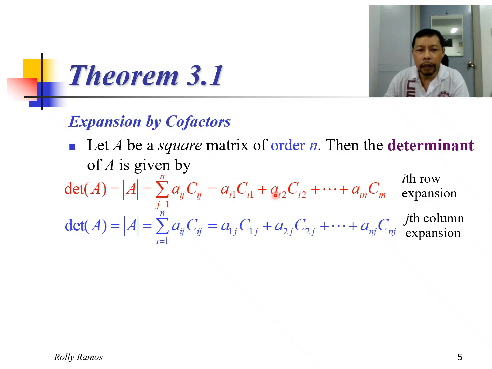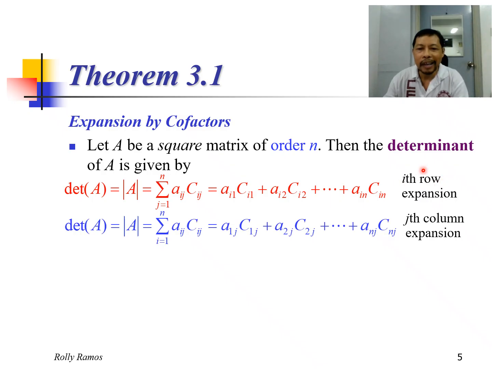That would be Ai2, the element in the ith row and second column, multiplied by its cofactor. And do that up to the last element in the ith row, which belongs to the nth column. So this is the formula to find the determinant of a matrix by expanding about any row.